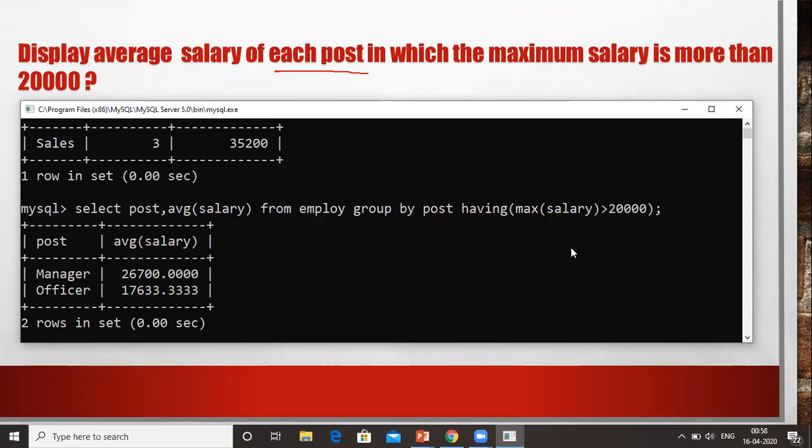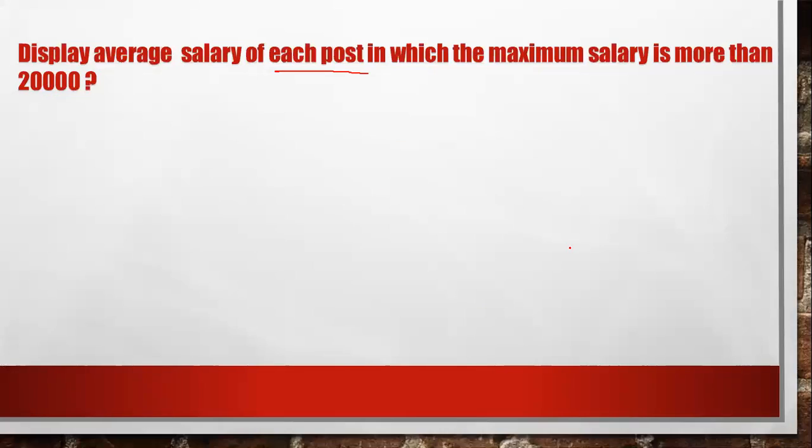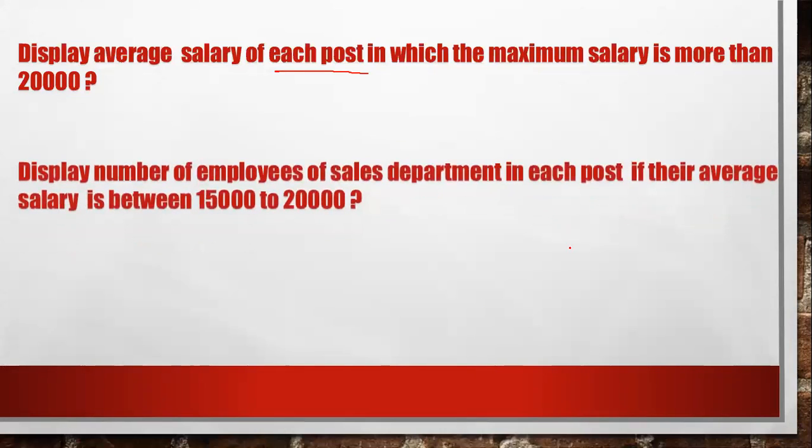Now let's move to the next question. Next one: display number of employees of sales department in each post. So over here we have to show the number of employees, but only those employees which are from the sales department. Obviously in the sales department there are some officers, some clerks, some managers, so that's why it is written in each post.